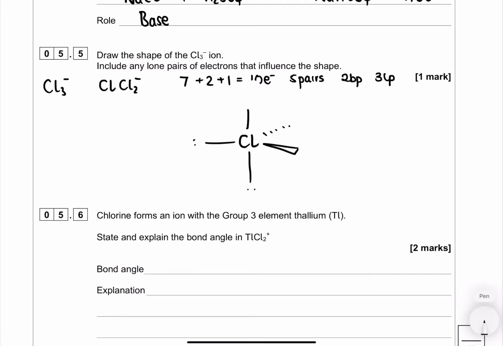Whereas if I was to put them on the 3 around the equatorial plane, then they're going to be 120 degrees apart. So what I do then is I take my rubber, I rub out my shape, and I change those to 3 lone pairs. And I have my 2 Cl's at the top and the bottom, 180 apart.